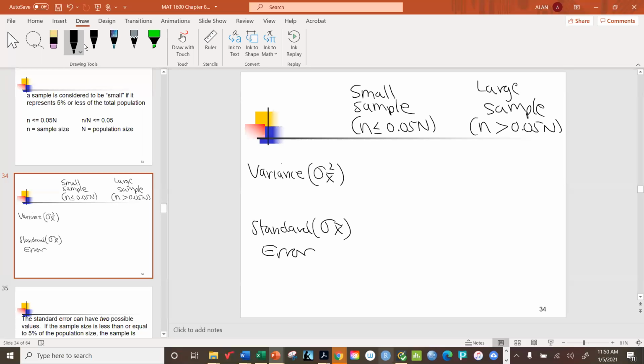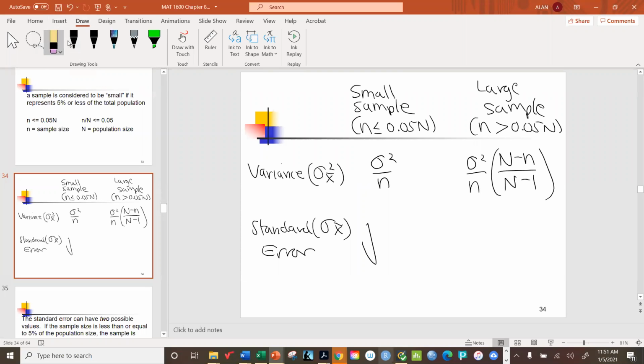This is really all about notation to a degree. We have sigma squared, and the sigma without an x bar is taken from the underlying population. This sigma squared is actually the population variance, the population from which these samples are being chosen. Over here, we have to do something to correct for the fact that this is a very large sample. Down here, we're just taking square roots, as you can probably imagine.